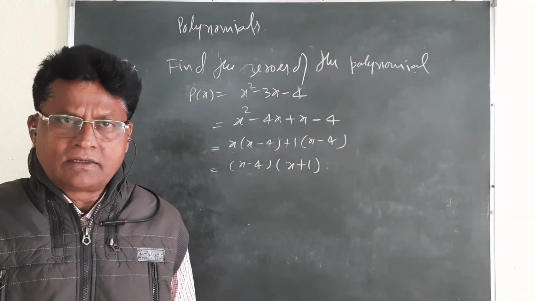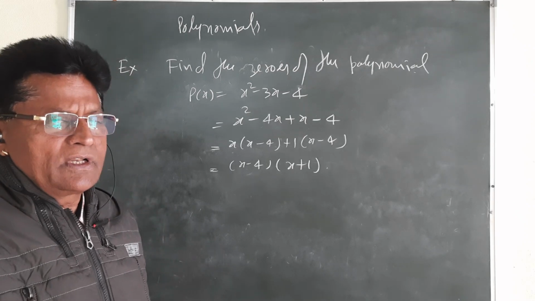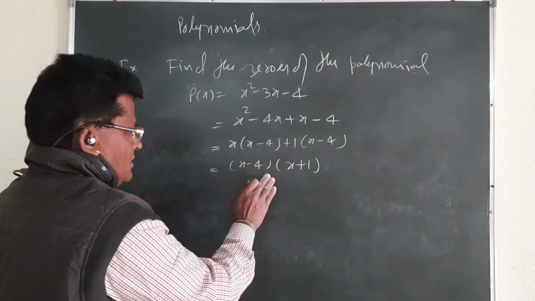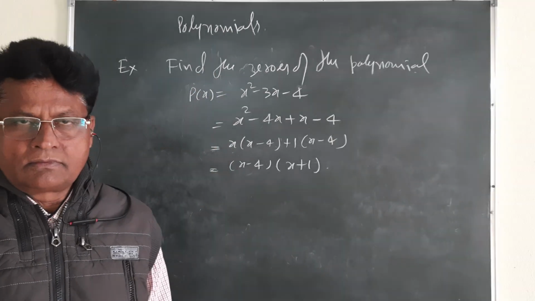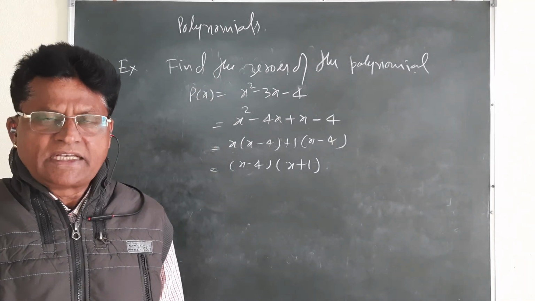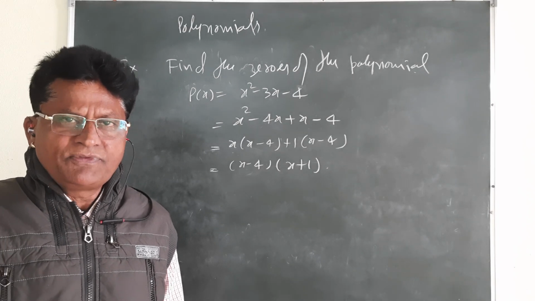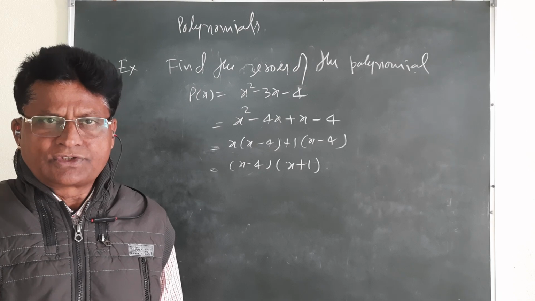Very simple. How to find the zeros? You find the value of x so that the value of p(x) must be 0. Then it will be the zero of the polynomial, as I discussed in detail in the previous videos regarding how to find the zeros.